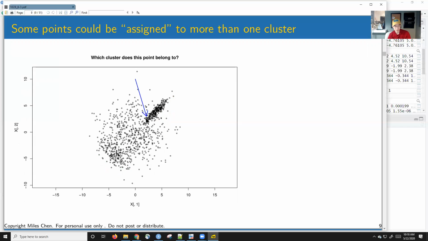An argument for using the EM algorithm would be this point right here: which cluster should it belong to? Does it belong to the red cluster, the black cluster, the central cluster, or this cluster up here? And the answer is, why can't it belong to both? When it was generated, it certainly came from only one cluster.